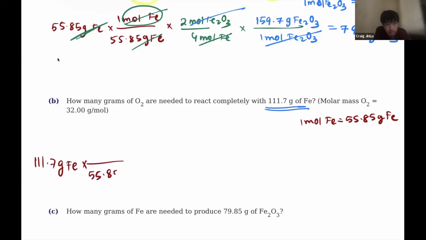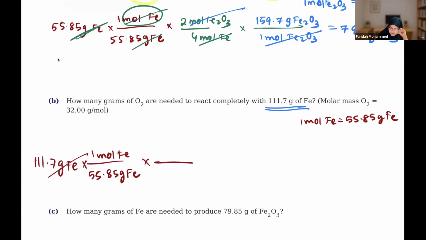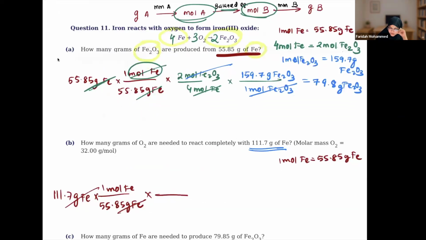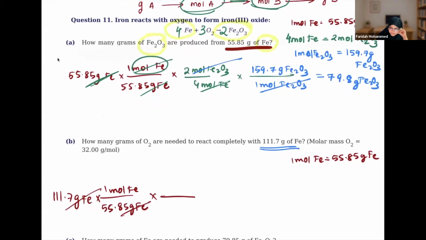And on the top, we put 1 mole of Fe. So grams of Fe cancel out. You are at moles of Fe right now. Where do you want to go? We want to use the mole ratio.